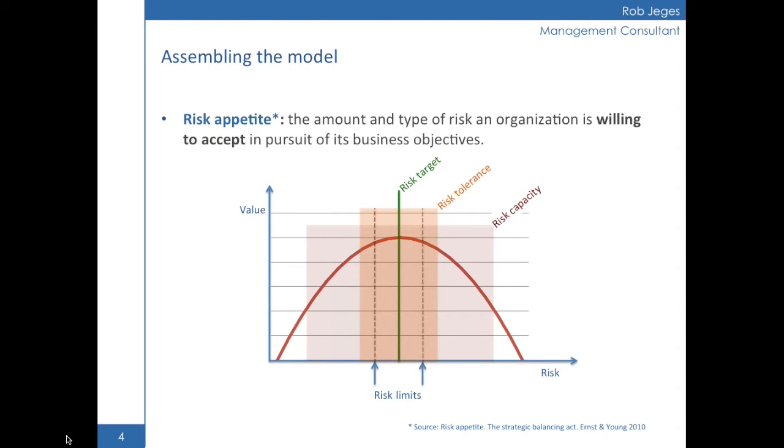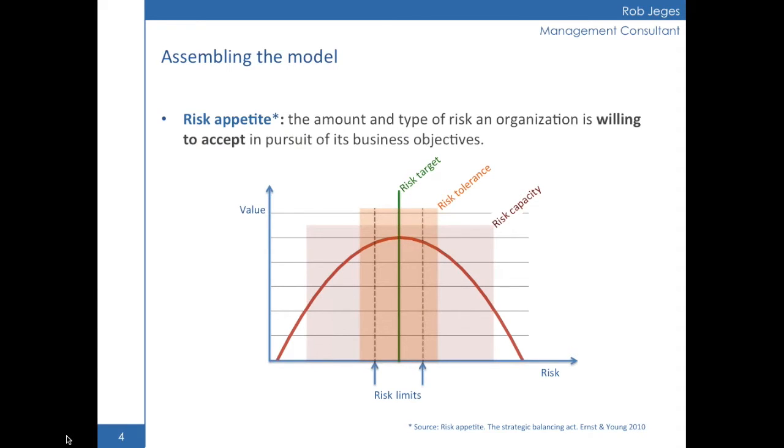If we move the risk beyond capacity towards the right, we get to a point where the organization is not able to withstand that risk. And if, on the other hand, the risk that the organization is going to take is too little, then we're not going to be chasing opportunities, we're not going to be able to create value. So that is also a no-go zone.